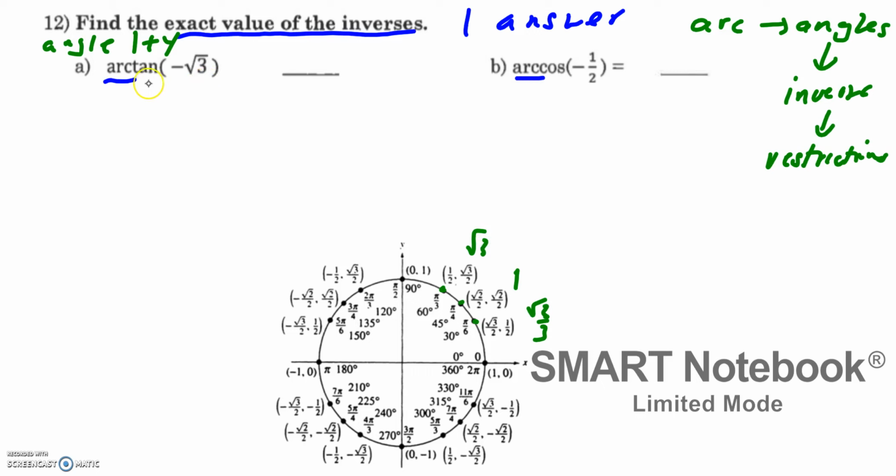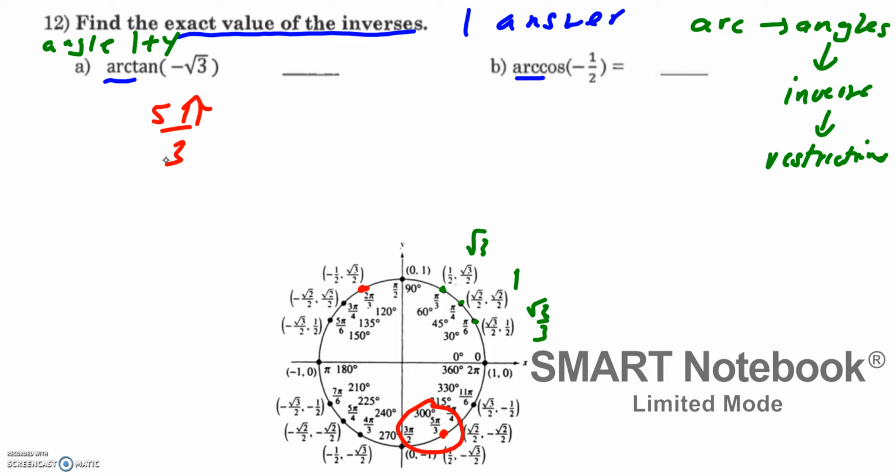So I know that tangent is negative in quadrants 2 and 4. √3 is 60-based, so the two possible angles would be here or here. Which one of these red dots is within the restriction of 1 and 4? This one. So I'm thinking my angle that the question wants is 5 pi over 3.